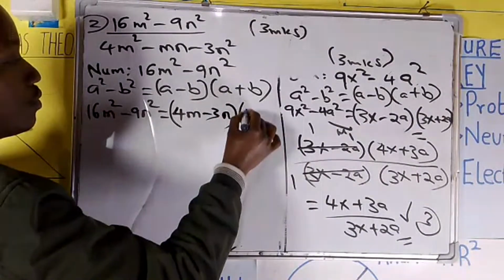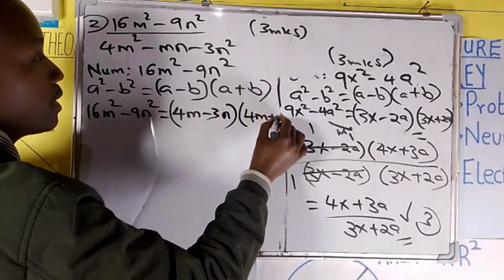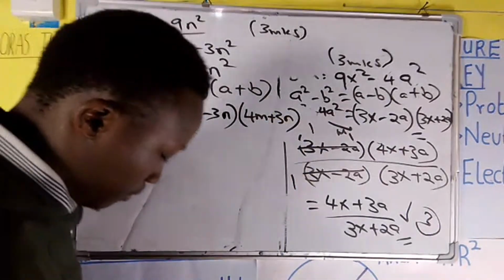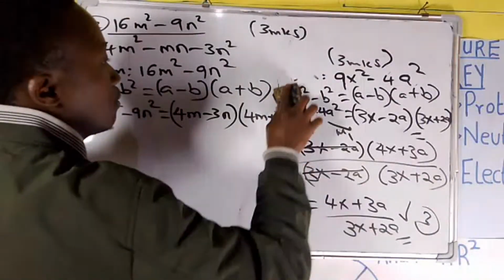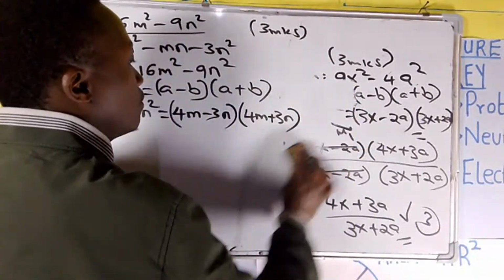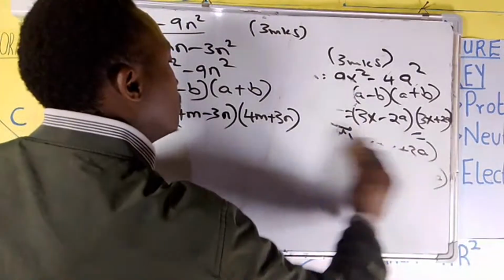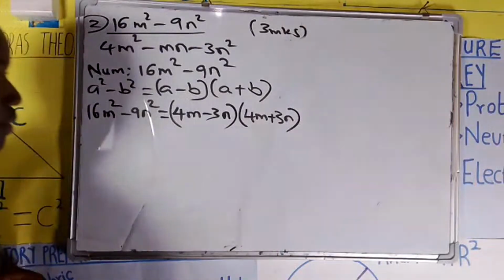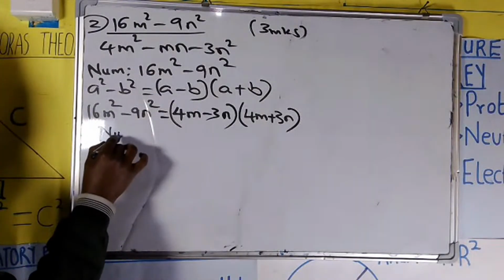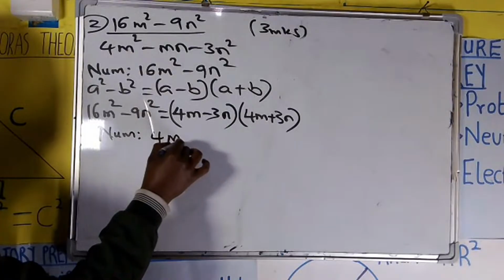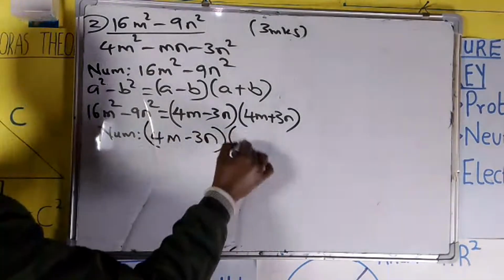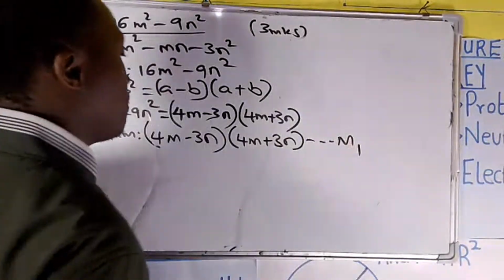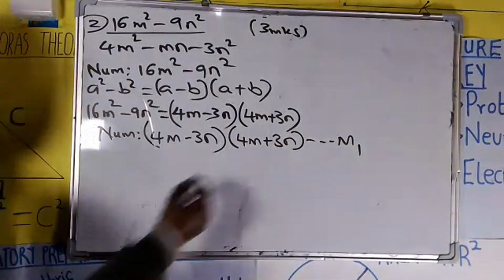Then we repeat the conjugate, 4m plus 3n. So once we have that, our numerator will be equal to 4m minus 3n, 4m plus 3n, and that will give us our first mark for the numerator.